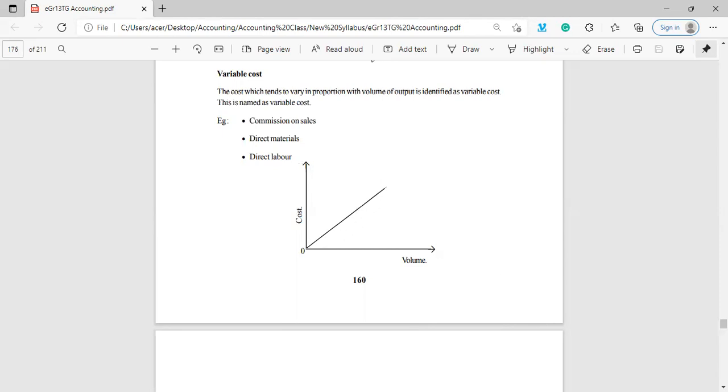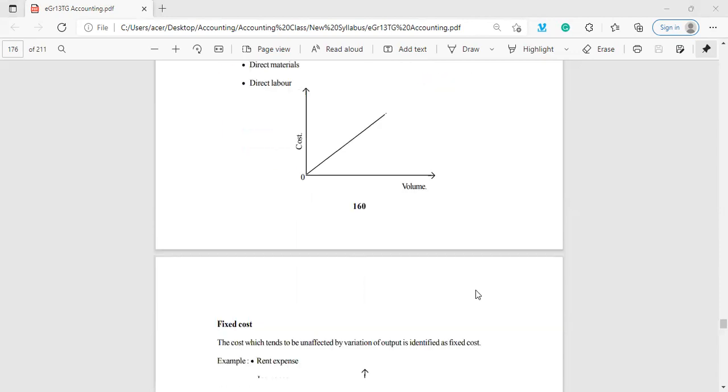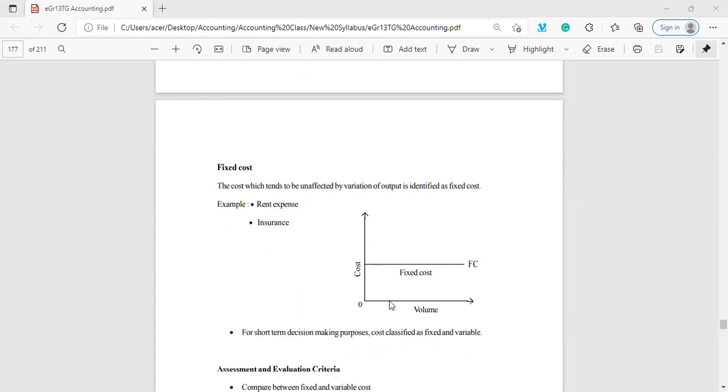We assume that the variable cost per unit is the same for all the units. And fixed cost, we know when the volume is changing, even at zero you have a cost, and even at 1000 or 100,000 your fixed cost is the same. But fixed cost also changes after a certain point, right?